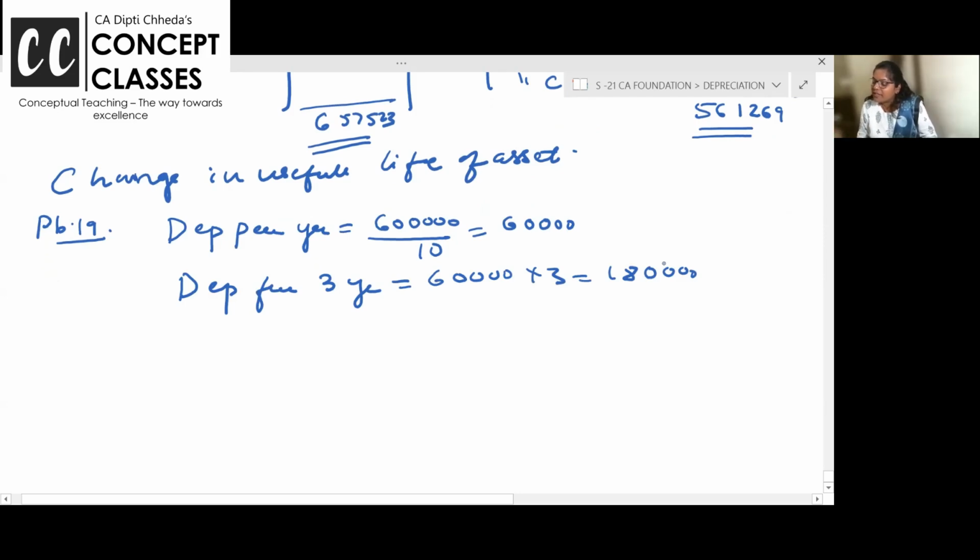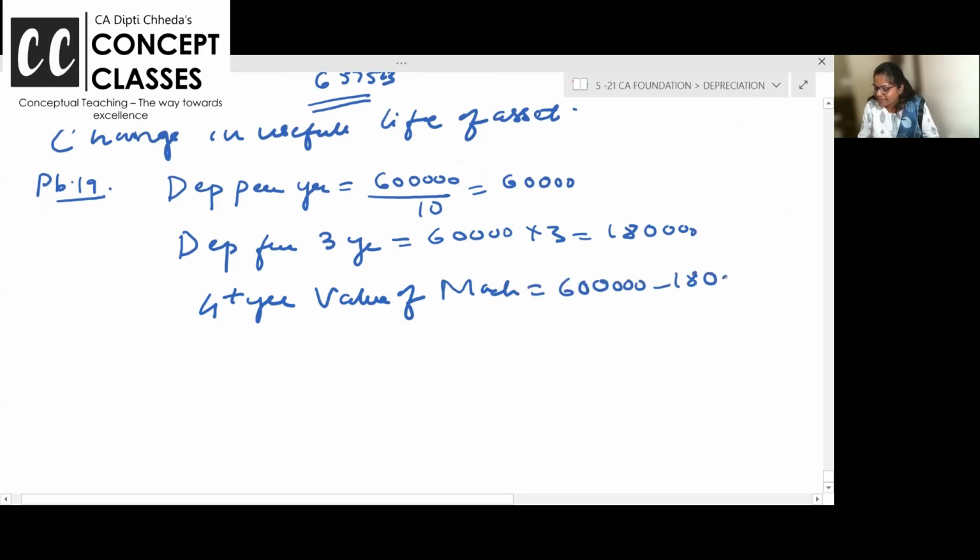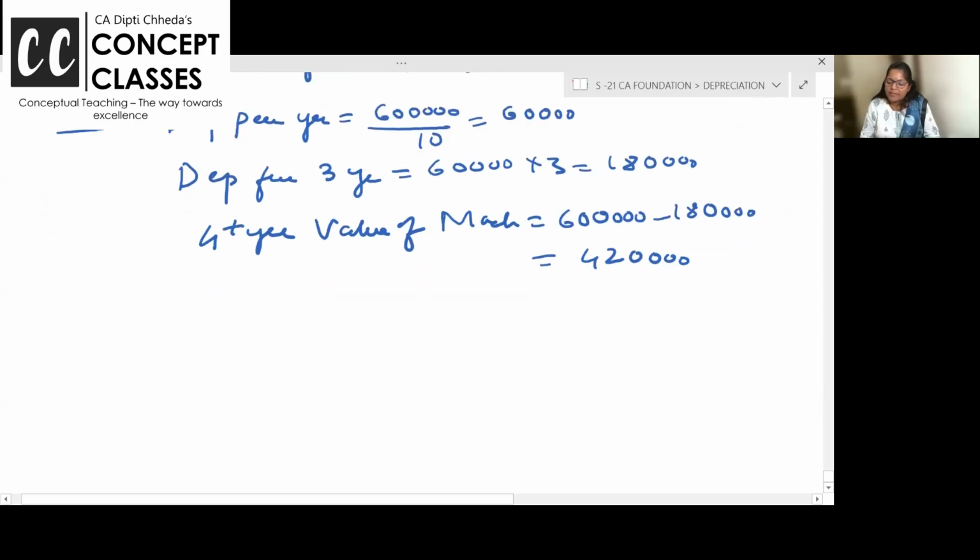Now they are saying that in the fourth year, the useful life after 3 years is reassessed to 5 years. So first, the value of the machine: 6 lakhs minus 180, depreciation already charged, so the value of the machine is 420.